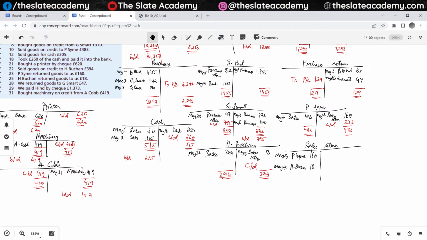Difference is carried down. 394 minus 18. 376. 178. To profit loss 178.